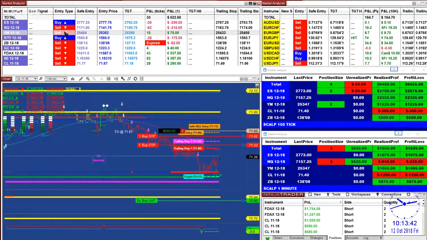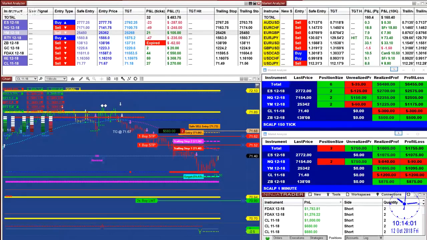I think the Nasdaq and the YM are going to drag the ES down, and we will see if this is going to happen. So we will be monitoring what is going to happen.